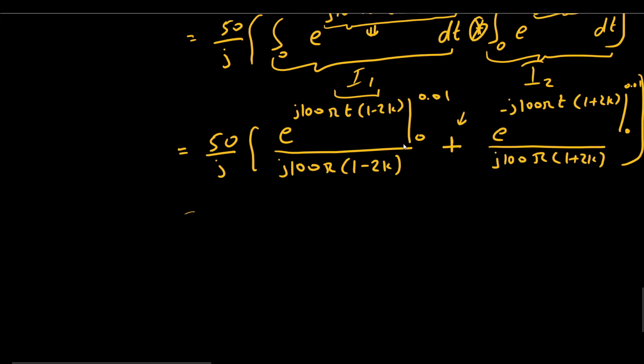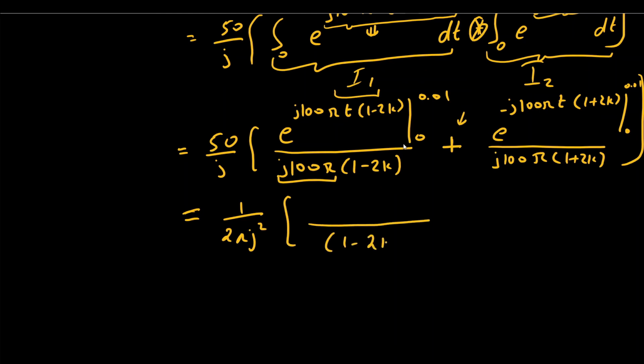So in the next equality we can take this thing out as a common factor, so you would have 1 over 2 pi j square and 1 minus 2k plus 1 plus 2k.